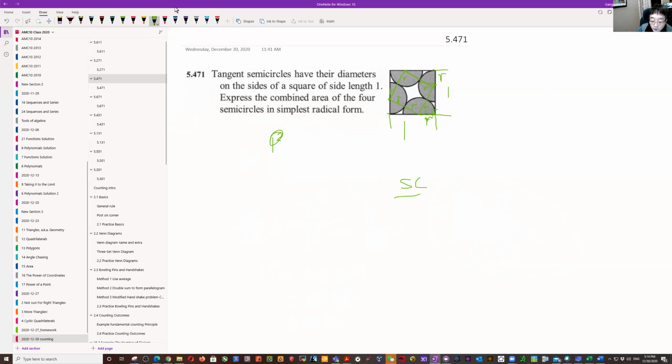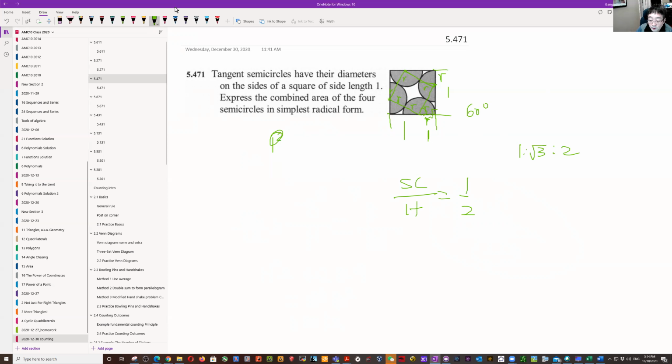So the short leg over the hypotenuse is 1/2. So this is a 60-degree angle. In a 60-degree triangle, the leg-hypotenuse relationship is 1 over 2, and the other leg is square root of 3 over 2.